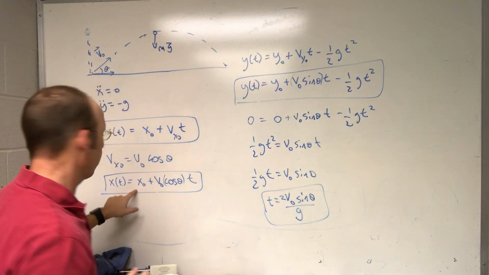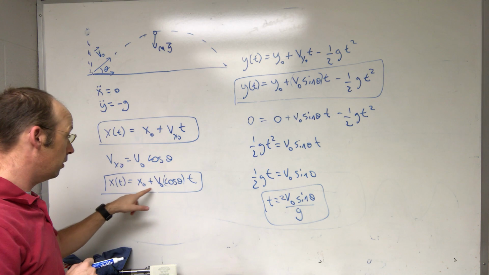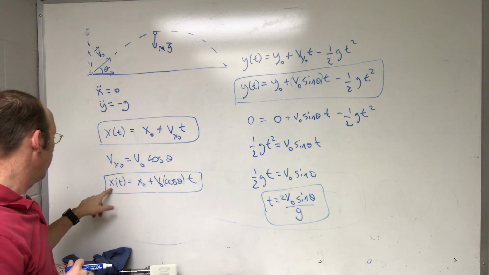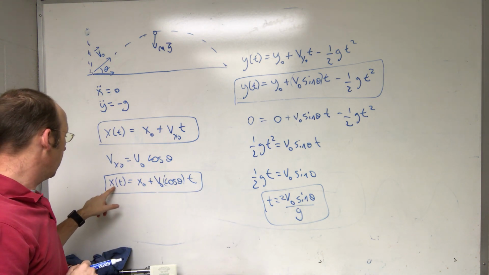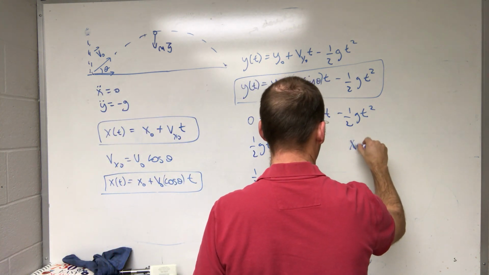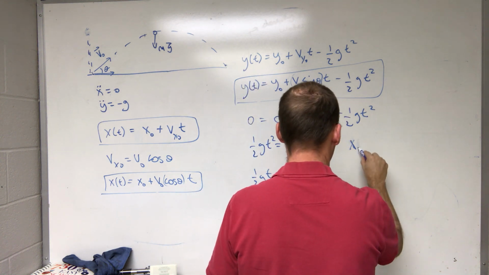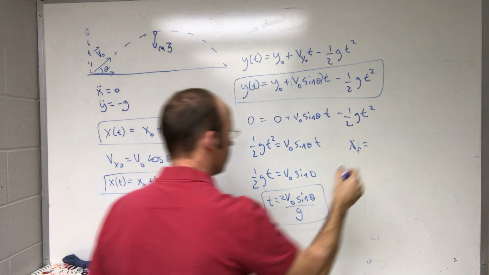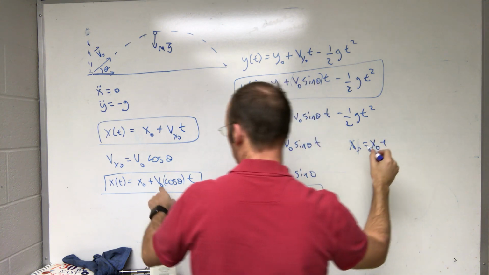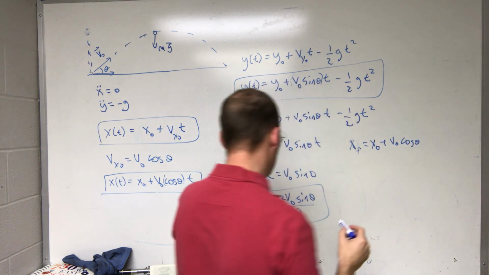Now I can put that back in over here, and I can solve for the position at that time, because I know the time. So let's solve for the position x. This is not x as a function of t. This is just x final. So it's going to be the initial x plus v0 cosine theta times t, and this is t.